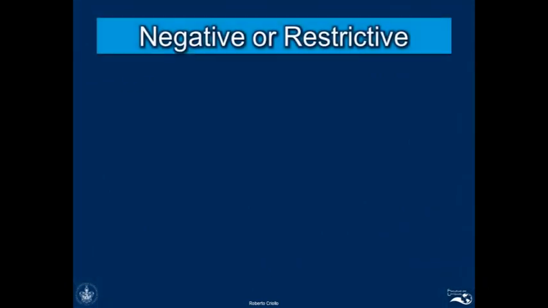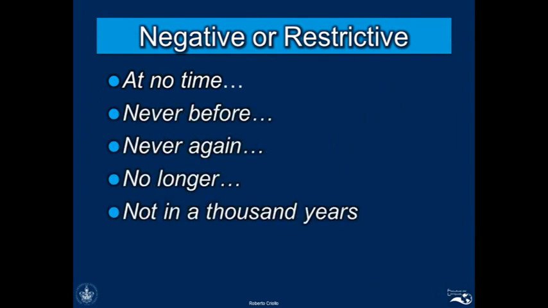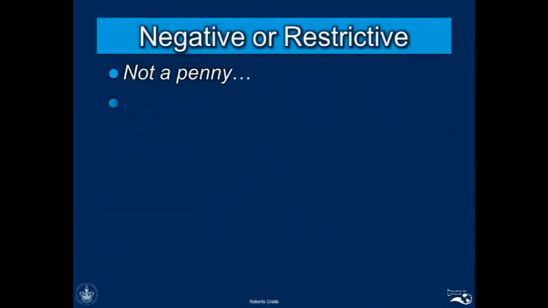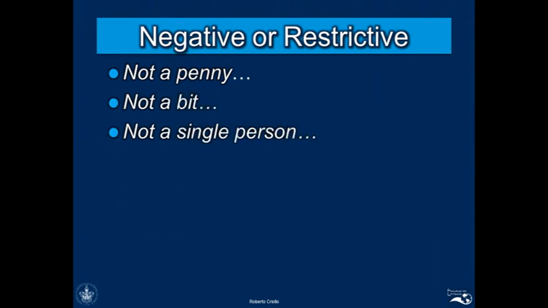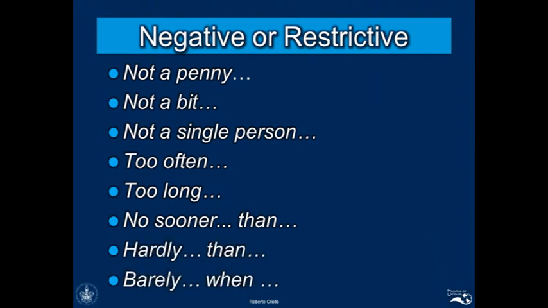Inversion can be used with certain negative or restrictive clauses such as "at no time," "never before," "never again," "no longer," "not in 1,000 years," "not one." They also include "not a penny," "not a bit," "not a single person," "too often," "too long," "no sooner than," "hardly then," and "barely when."